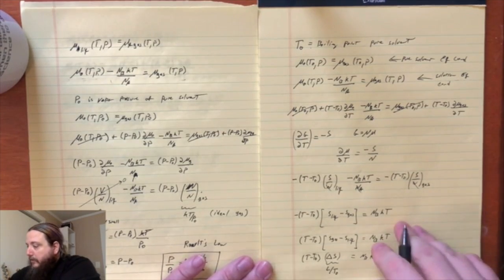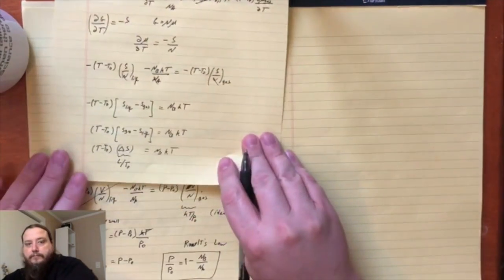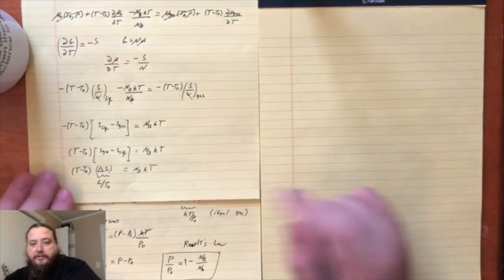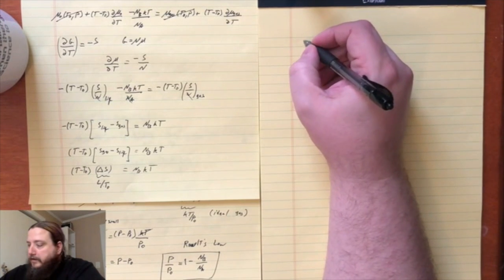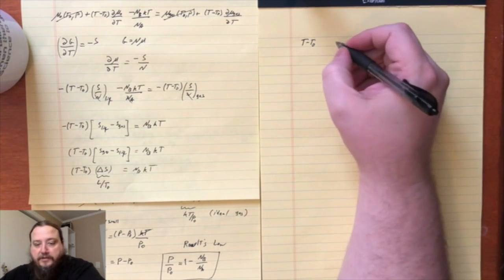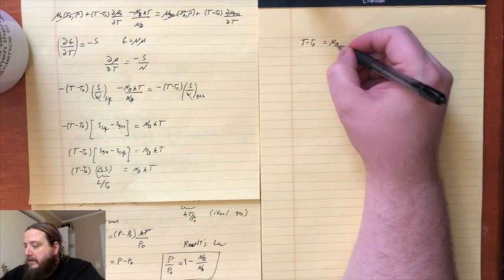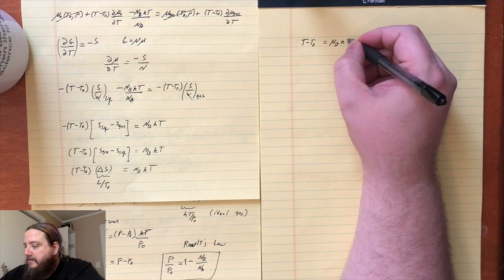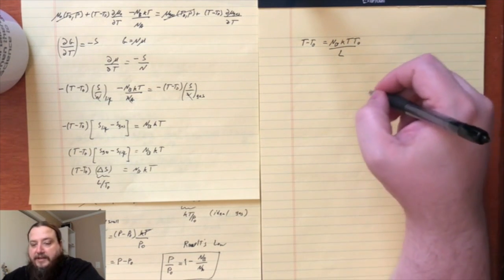And so our temperature difference here, T minus T naught, is going to be N_B kT T naught over our latent heat.